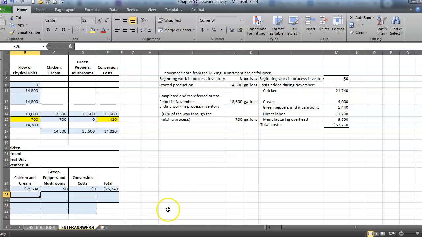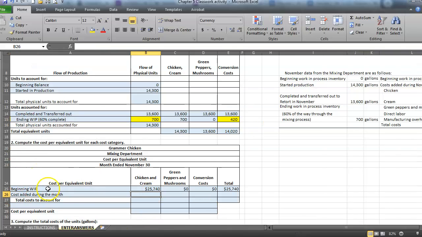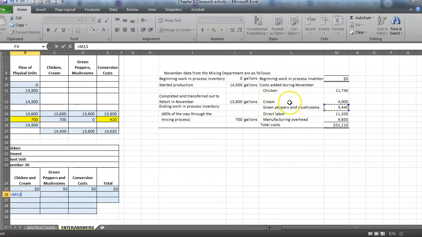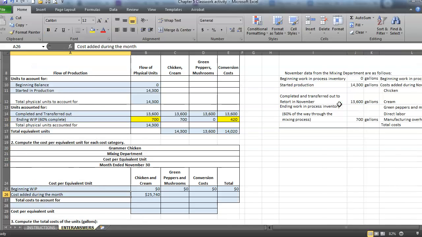I'm going to put a 0 here, and put it in the right cell so that you can follow me. In the end, I'm going to add the two together because they're being costed together, the chicken and the cream. So far, pretty straightforward.